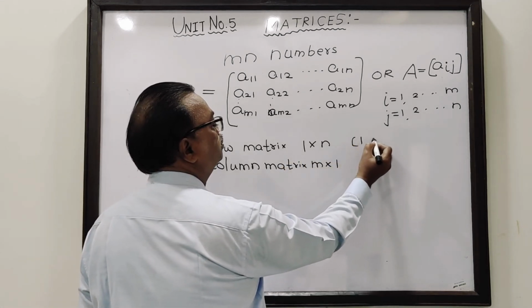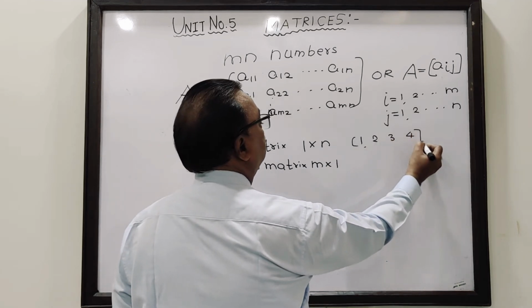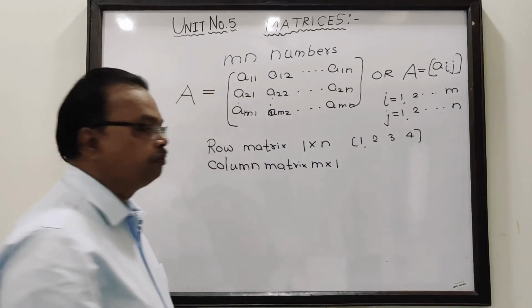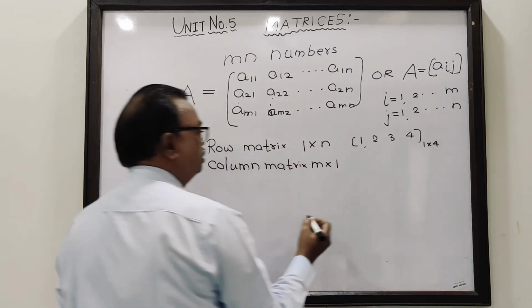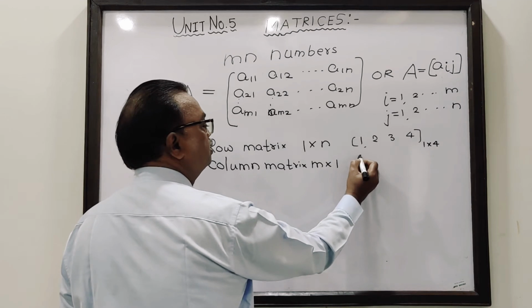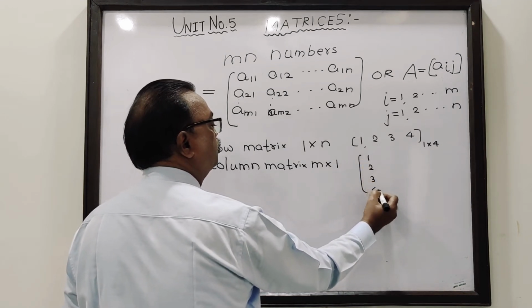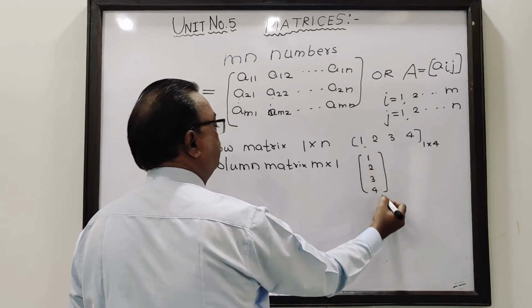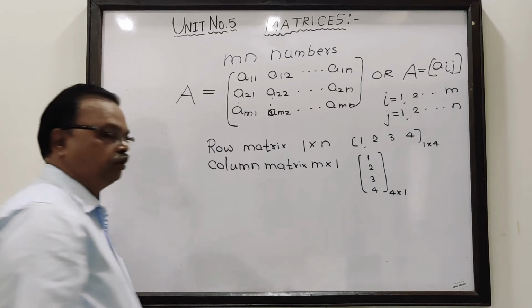See, 1, 2, 3, 4. So, this is a matrix of order 1 by 4. Then, what is the column matrix? For example, a matrix 1, 2, 3, 4 written as a column. So, this is a matrix of order 4 by 1. So, this is called a column matrix.